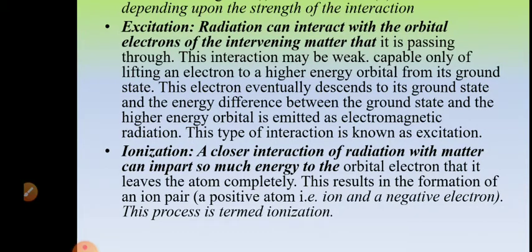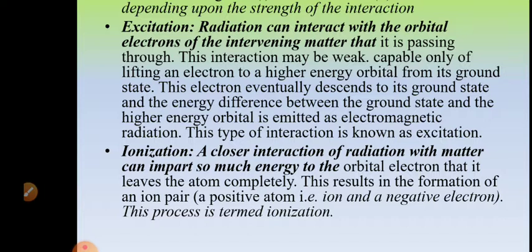What is ionization? Here there is a closer interaction of radiation with matter. The close interaction imparts so much energy to the matter that the orbital electron does not get transferred to a higher energy level. Rather, it leaves the atom completely.